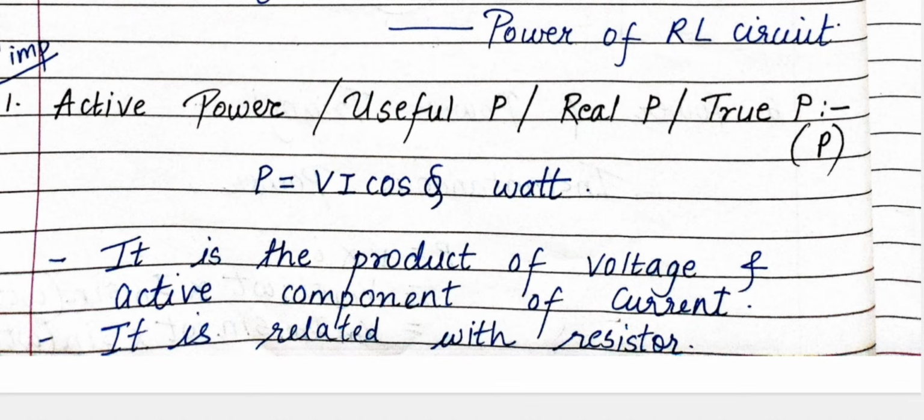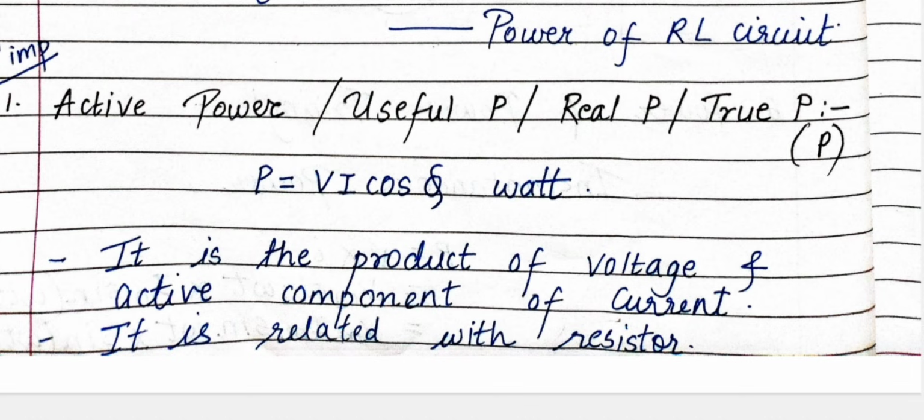How you can explain it? See, from the formula itself you can define it. It is the product of voltage and active component of current. Why active component? Because we have written VI cos phi. So voltage we have taken as the product 1 and I into cos phi. This whole is called the active component of current.